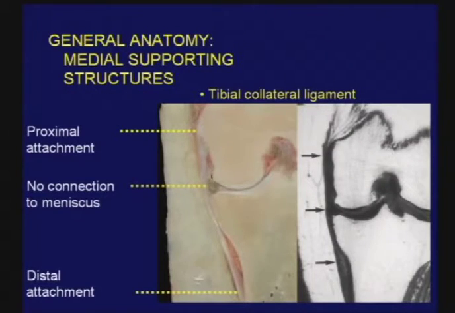We see the tibial collateral ligament very well on our coronal images. It extends from a proximal attachment near the epicondyle across the joint line with no connection to the meniscus, and then attaches far distally, way below the joint line. The classic descriptions are it does not attach up here, although it may be pressed against bone.